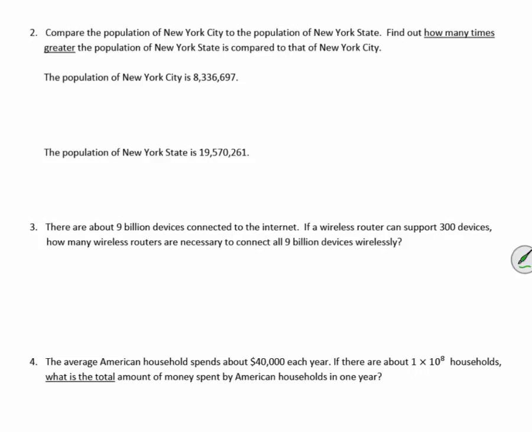I can rewrite 8,336,697 as 8 times 10, and I'm going to count how many numbers were after that: 1, 2, 3, 4, 5, 6. New York State is about 19. I'm going to round that up to 20 because it's approximate. So 20 million, that's 2 times 10 to the 1, 2, 3, 4, 5, 6, 7 power.